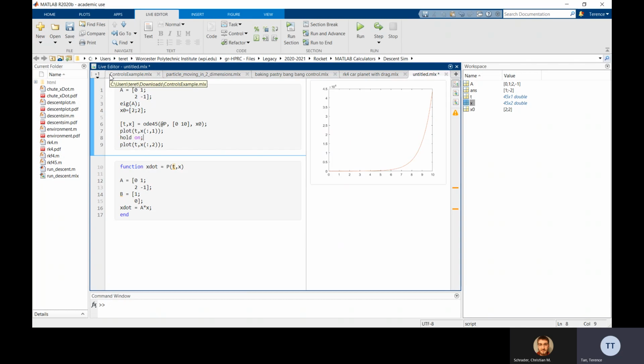Does that make sense? It might just be how the system moves. That's what it seems like. Let me change this number real quick. Okay. It just happens to work that way. Okay.